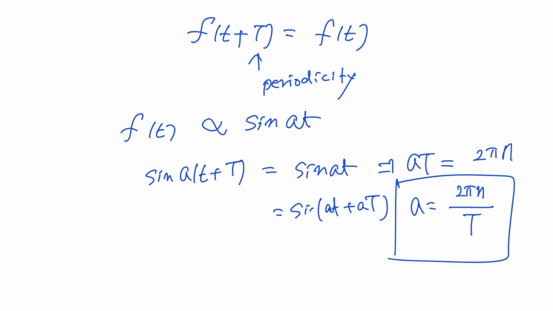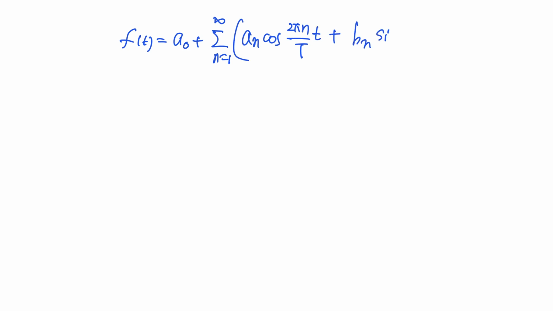So the Fourier series can be represented by, I'll just write it down. So f(t) we can represent as a0 plus the sum over n to infinity of an cosine(2 pi n t over T) plus bn sine(2 pi n t over T).